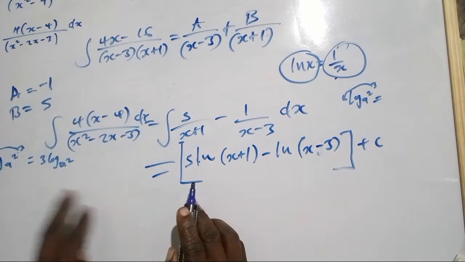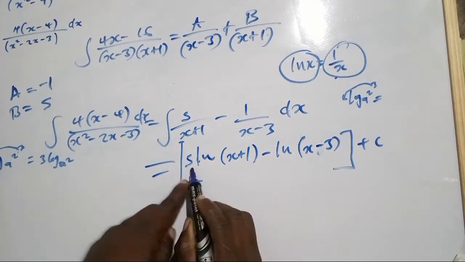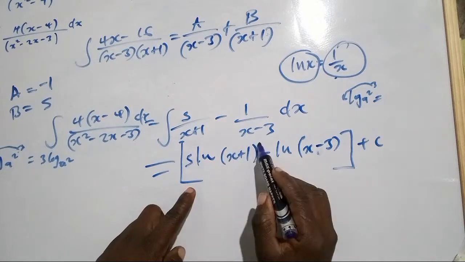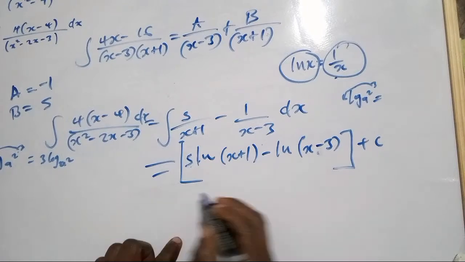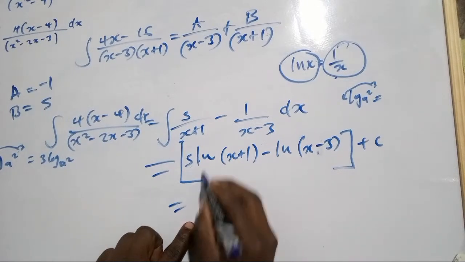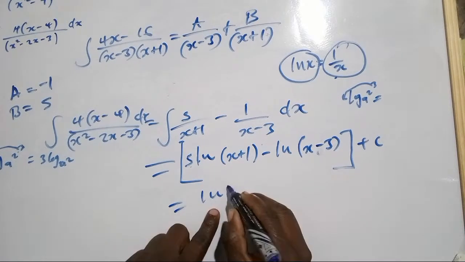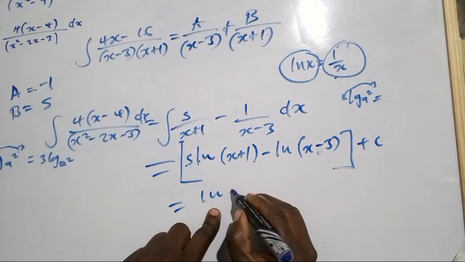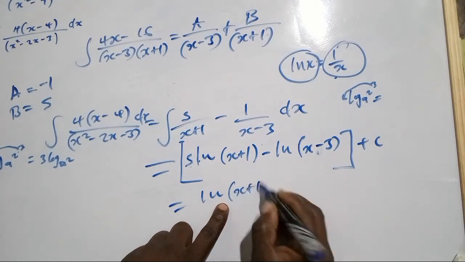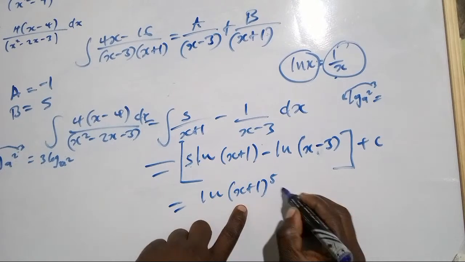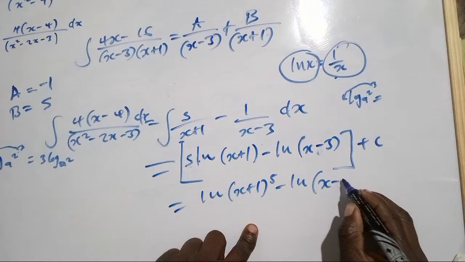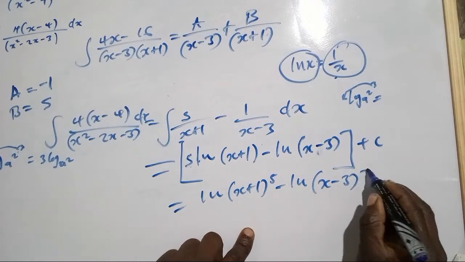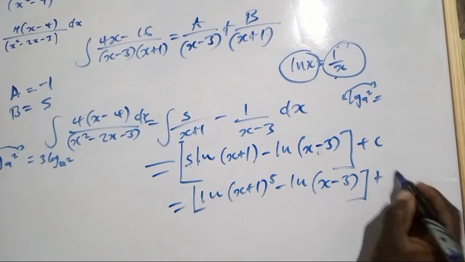So we're going to do the same. The power is already dropped, so we're going to take this power as the power of the base, so it will be ln of x plus 1, the bracket, then power 5, minus ln open bracket x minus 3, close square bracket, then plus c, right?